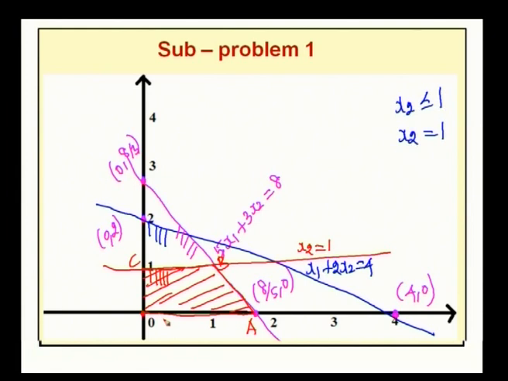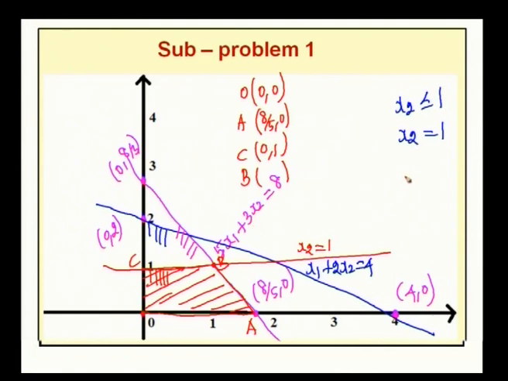Now our point O has the coordinates 0, 0, and our point A has the coordinates 8 by 5, 0, and our point C has the coordinates 0, 1. Now we are interested in finding the coordinates of B, but B is the point of intersection of the curve x2 equal to 1 and 5x1 plus 3x2 equal to 8.